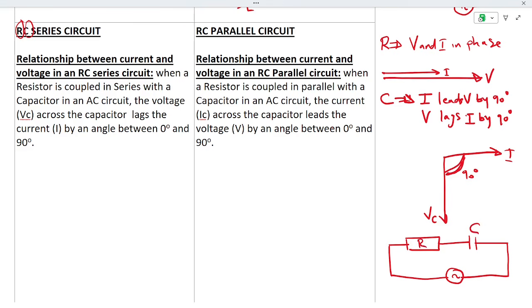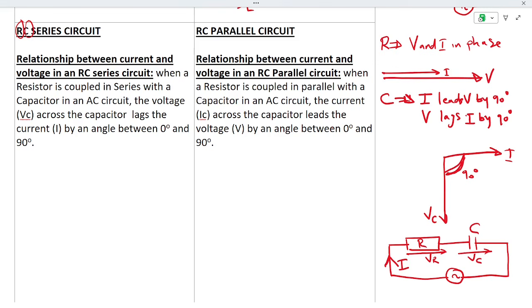Again, this is an RC circuit. What do you know about a series circuit? In a series circuit, the current is going to remain the same, but the voltage across the resistor is going to be different, and the voltage across the capacitor is going to be different. So we're going to have one current versus two voltage drops.